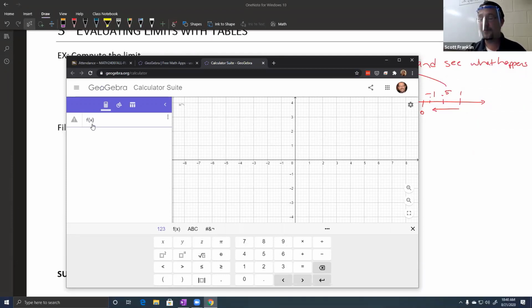I'm going to type f of x equals, and then I'm going to type in, either using this palette down here at the bottom or just typing the keys, the formula for the function that I want, this guy up here.